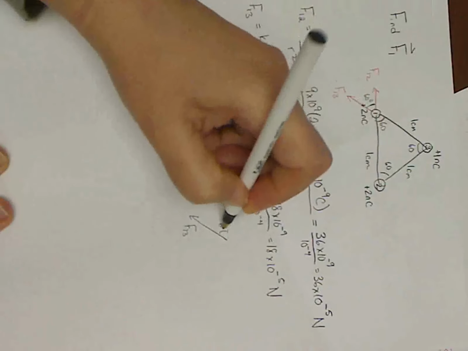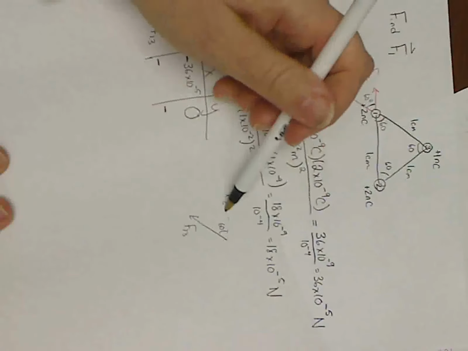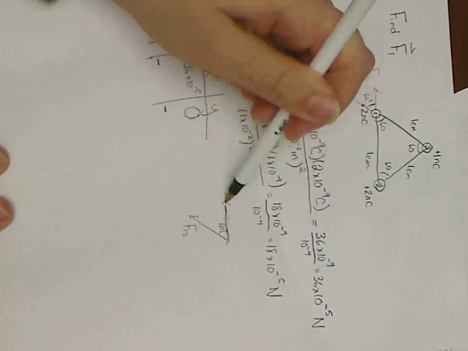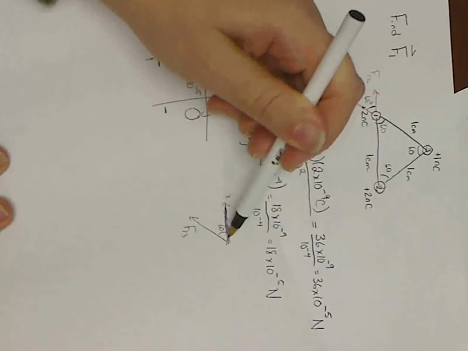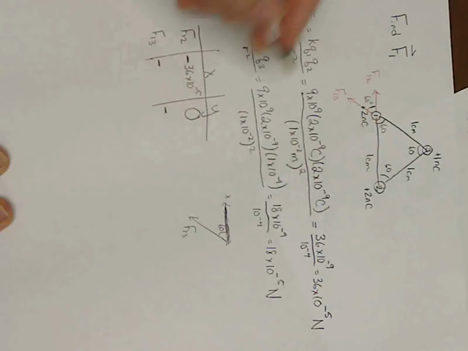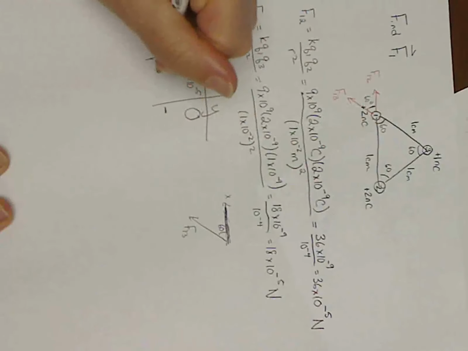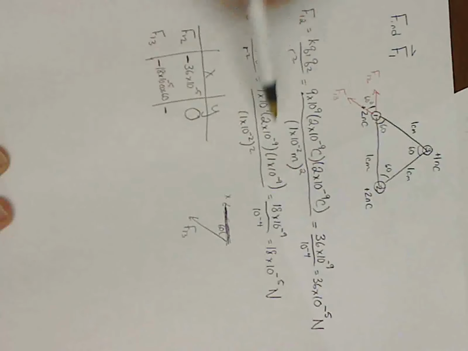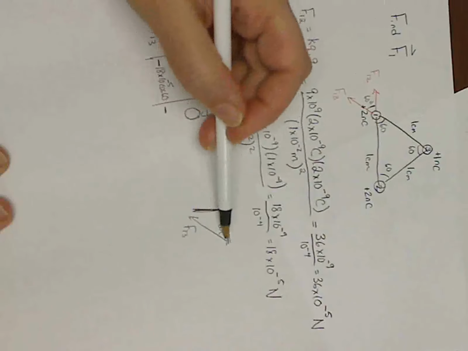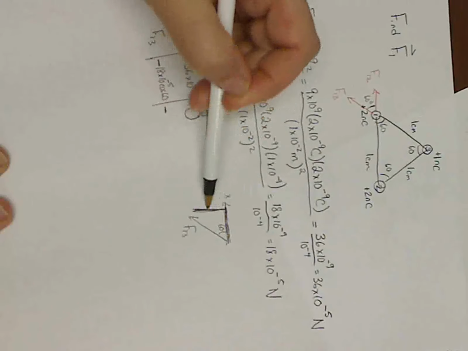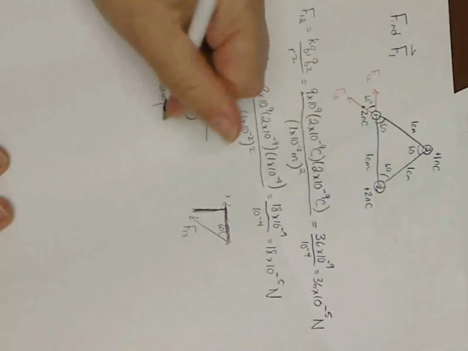If I want to find my x component, it's this side of the triangle. This side is touching the angle, so that means it's adjacent, which means we use the cosine. So it's going to be 18 times 10 to the negative 5 cosine of 60. And the y component is this side, which is opposite to the angle. If it's opposite, we use sine.